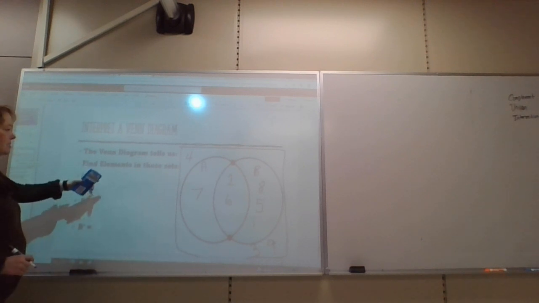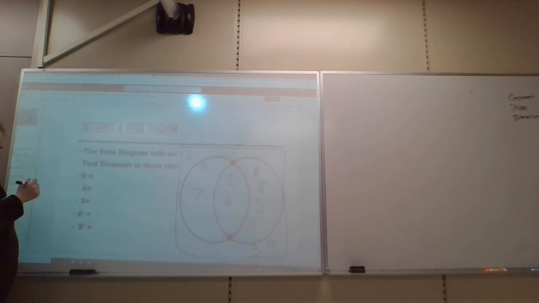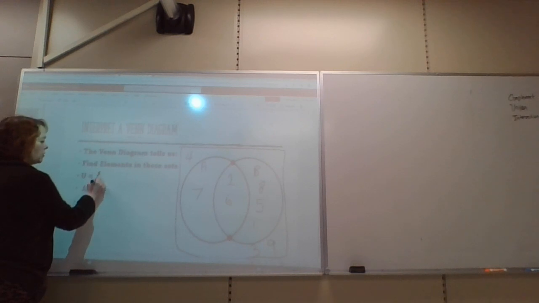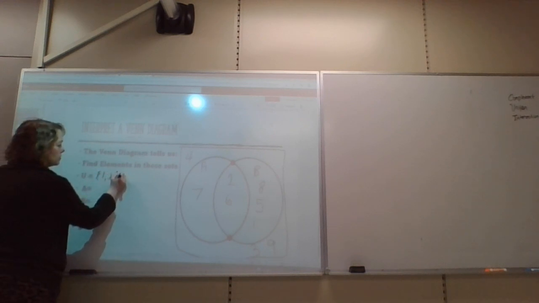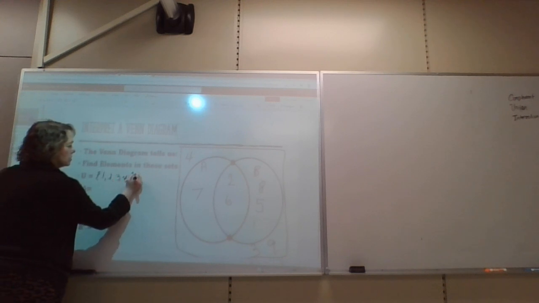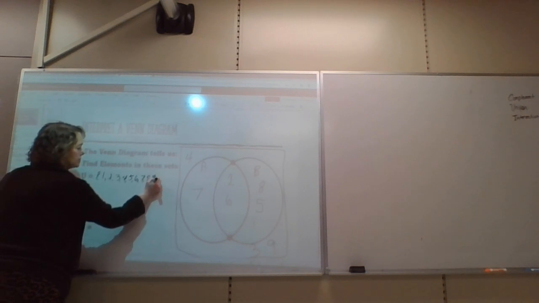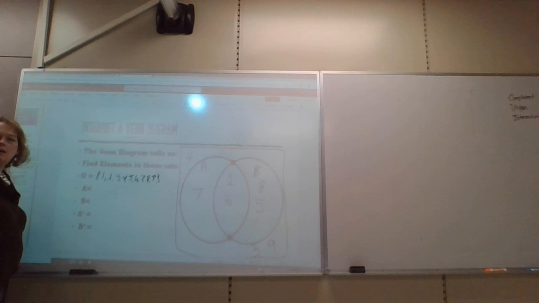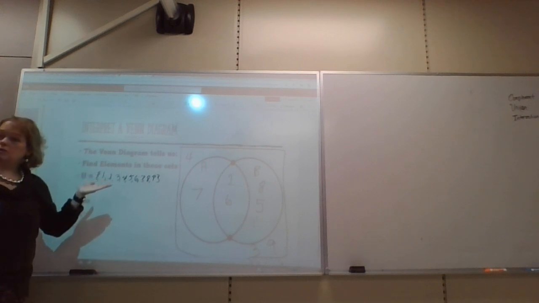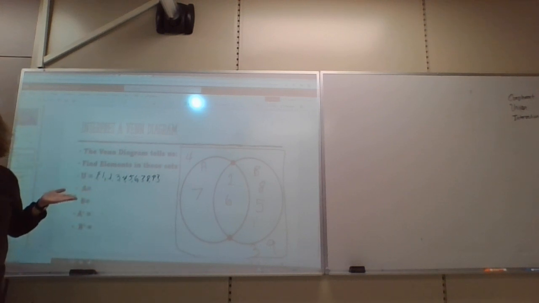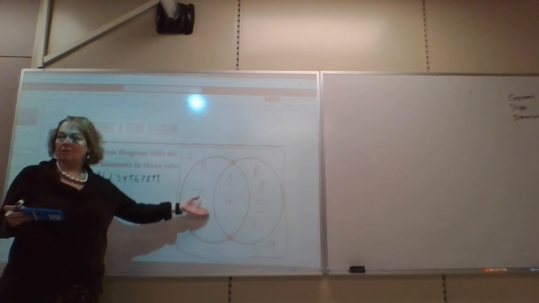So, looking at this, tell me what the universe is. You have to put it in order. Go ahead and tell me. 1, 2, 3, 3, 4, 4, 5, 5, 6, 7, 8, 8, and 9. You see, I got that, right? I just listed all of them. Yes, it's everything, like I said in the definition: the universal set is everything in the discussion. So this is the discussion.